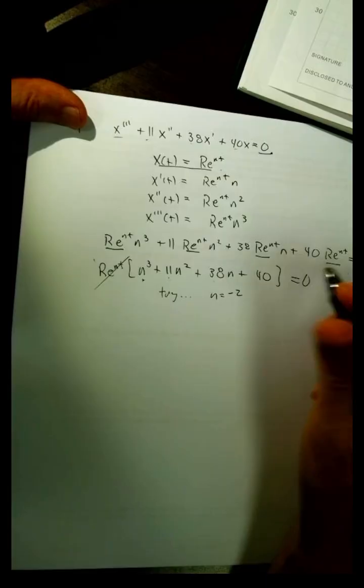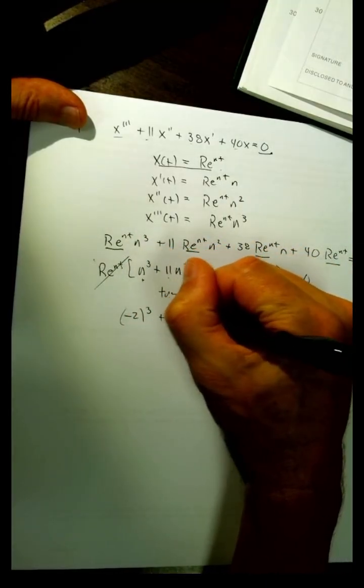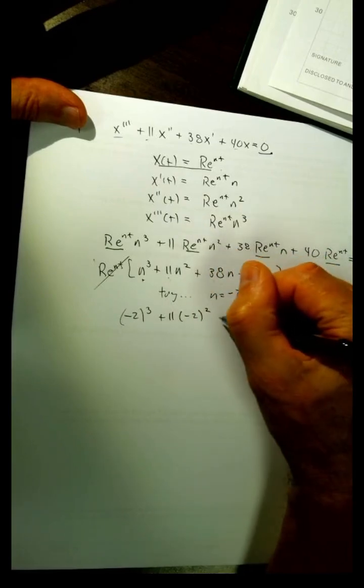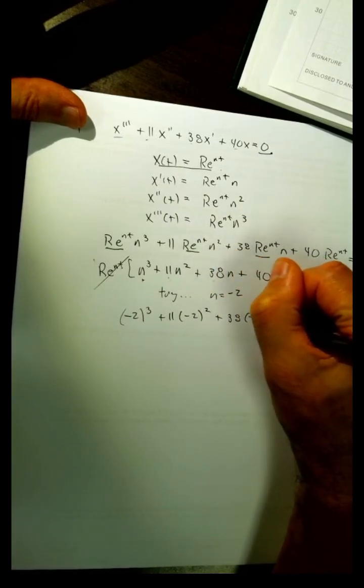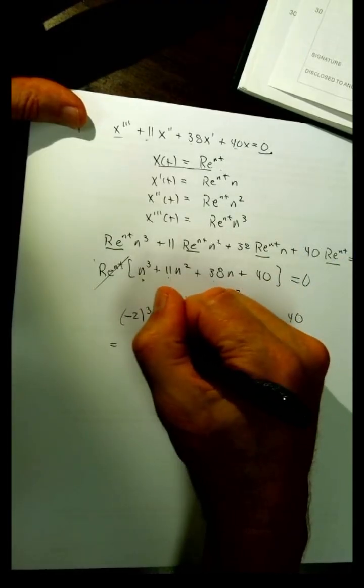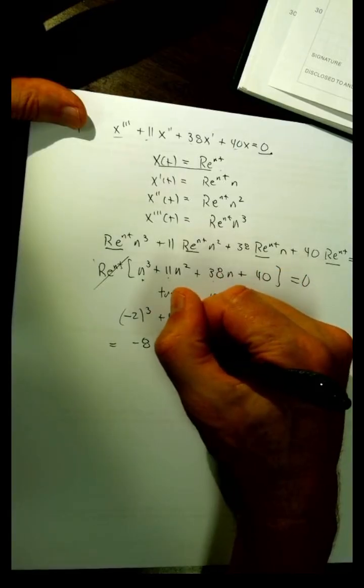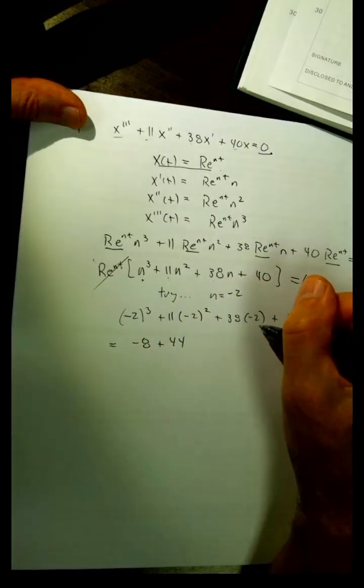If n equals minus 2, we have minus 2 cubed plus 11 times minus 2 squared plus 38 times minus 2 plus 40. So minus 2 cubed is minus 8. Minus 2 squared is 4, times 11 is 44.